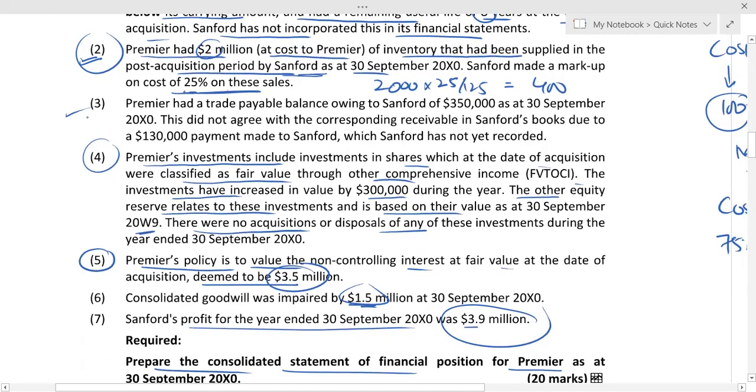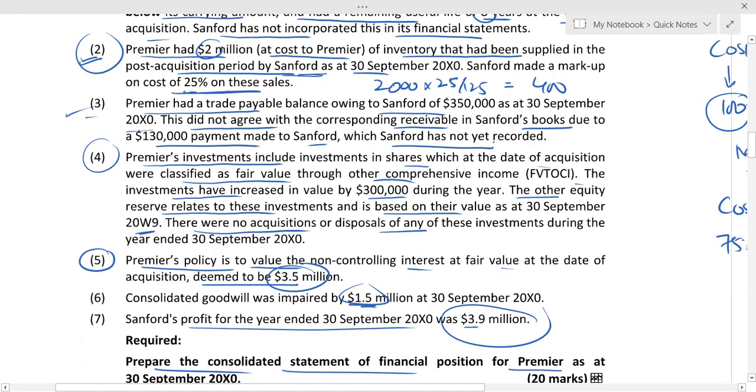Point number 3. Premier had a trade payable balance owing to Sanford of 350 as at 30th September X0. So parent is saying that we have to pay 350 to the subsidiary. This did not agree with the corresponding receivable in Sanford's books due to a 130 payment made to Sanford, which Sanford has not yet recorded.